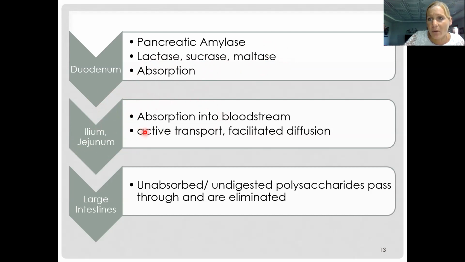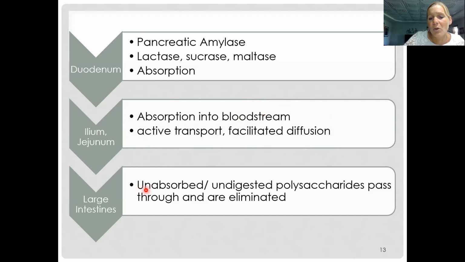And again, absorption involves the movement of those monosaccharides from inside the small intestines into the bloodstream. And we'll talk about this coming up, but there are 2 different ways in which we can absorb them. We can absorb molecules through the process of active transport, and we can absorb some molecules through the process of facilitated diffusion.